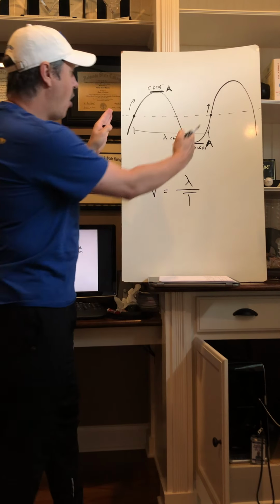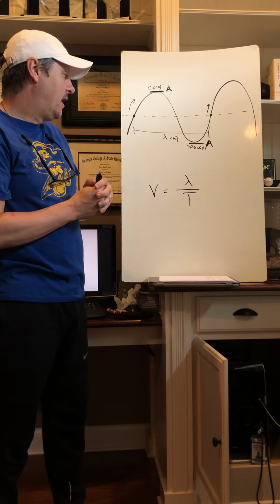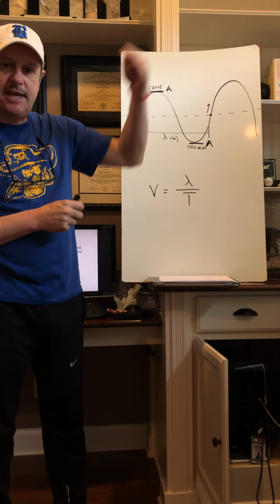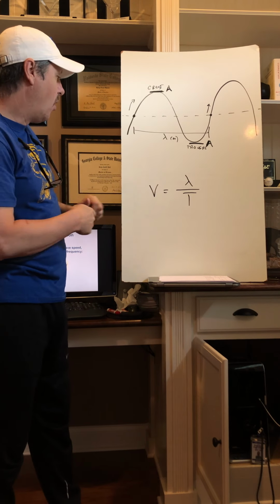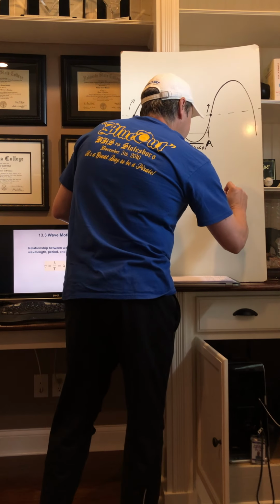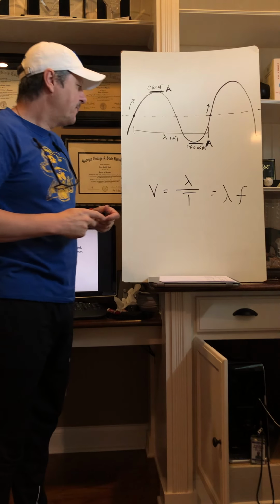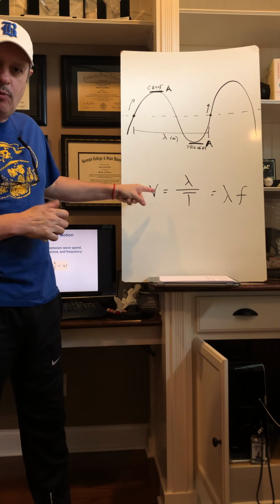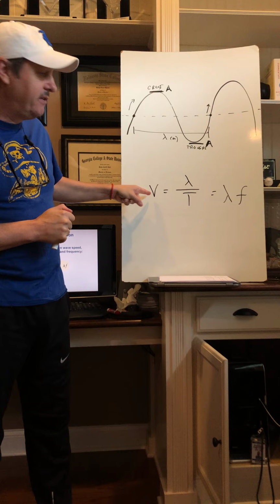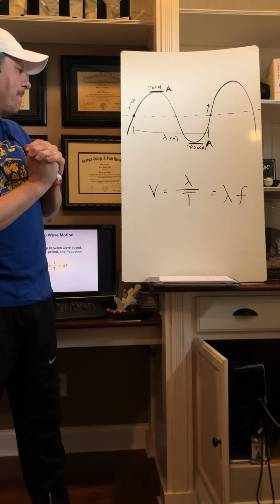So it's how long the wave is divided by the period, the number of seconds it takes for one wave to occur. Or in terms of frequency, it would just be wavelength times frequency. So the velocity of a wave, how fast it's moving, is the wavelength times the frequency.